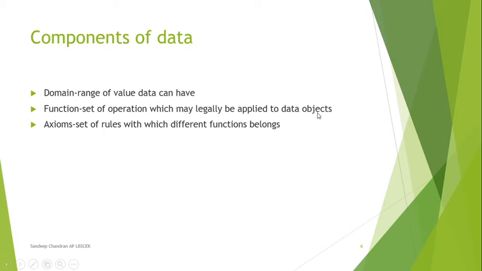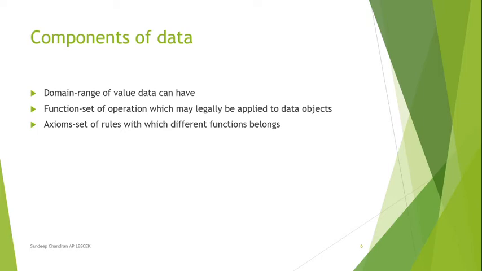So there are certain operations that we can perform on the data structure. Suppose we take the case of a name. We can perform different operations like addition and subtraction on normal numbers, but we cannot perform that on a string. So there is some limitation on which functions we can use for that particular data.